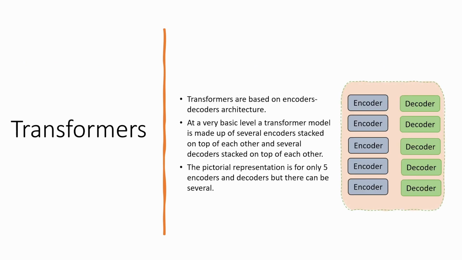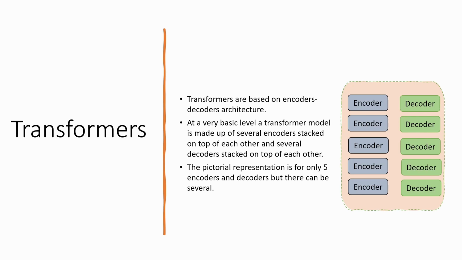So, what are transformers? Last video we got to know the terms like encoders and decoders. Today we will see how these encoders and decoders come together to build up a transformer.